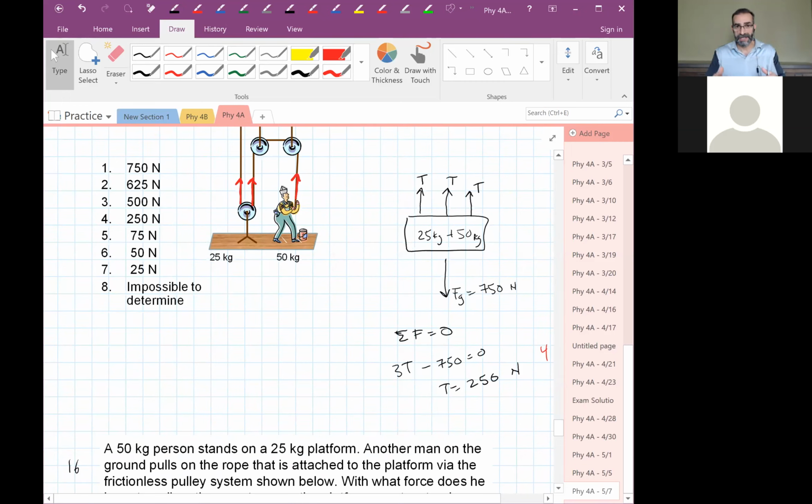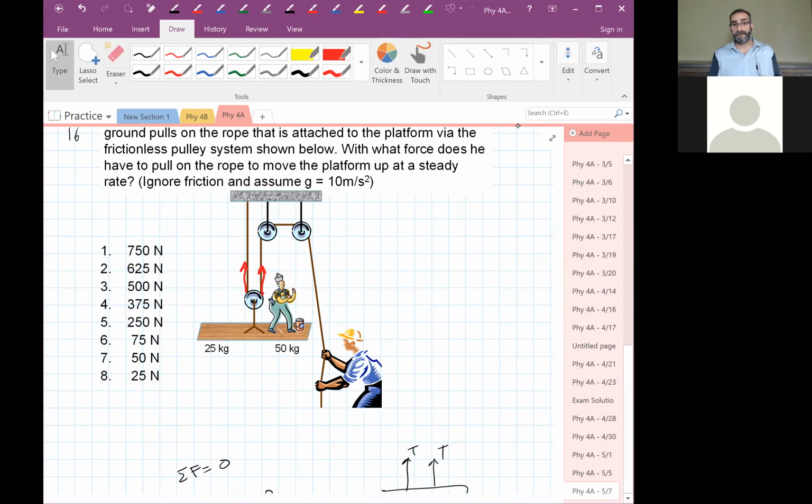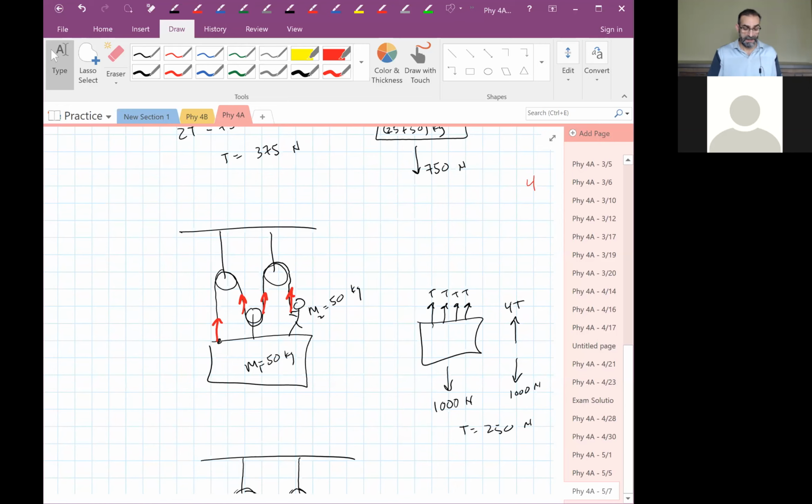A rope can't push, it can only pull, right? 3 tension forces up, and we know the weight down was 750, so we could figure out the tension in the rope. In this case, the rope is only pulling up on the thing we're lifting twice. So 2 tension forces up has to equal the weight of our object if it's not accelerating. In this case, the rope is touching the thing we're trying to lift in 4 places, so we have 4 tensions pulling up.